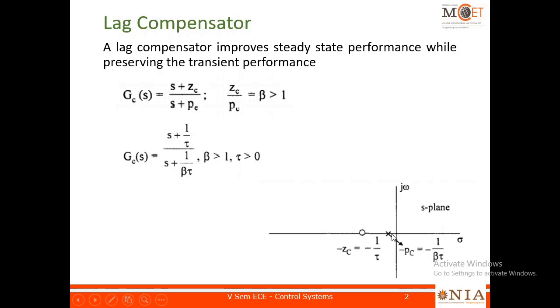That is, the pole will be nearer to the j omega axis compared to the 0 location. So such kind of compensator is called a lag compensator. So what is it? The pole will be nearer to the j omega axis compared to the 0. This kind of compensator is called a lag compensator, which is going to improve the steady state performance of the system.